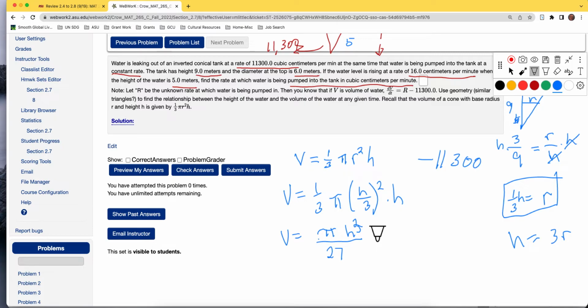Since we have things in terms of rate of change, the water is rising at a rate of 16 centimeters per minute.